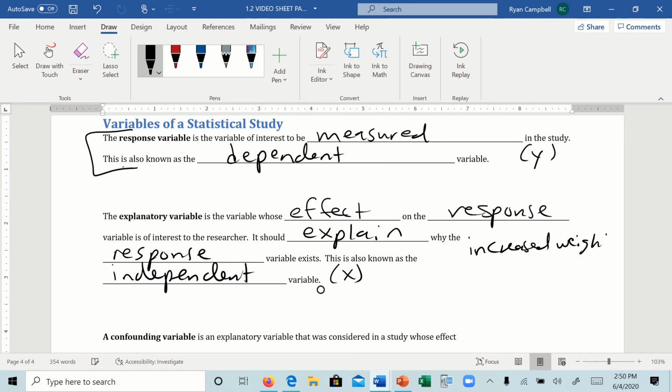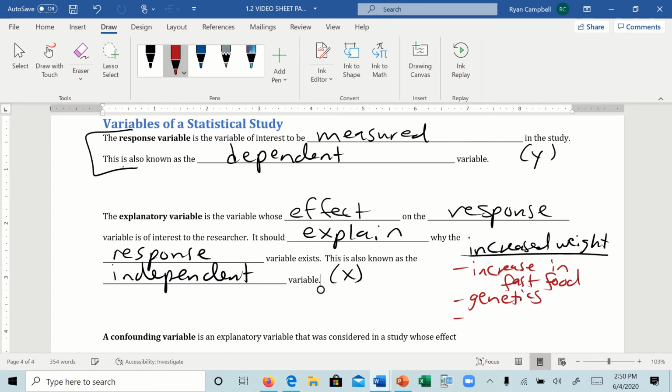There's actually a lot of them. It could be an increase in fast food consumption. It could be genetics. It could be a decrease in physical activity.